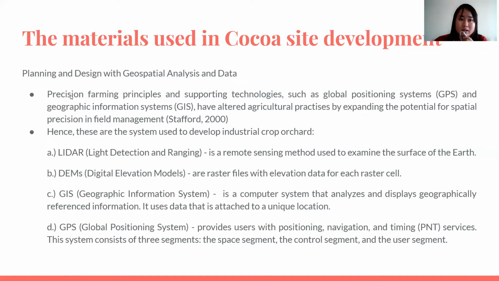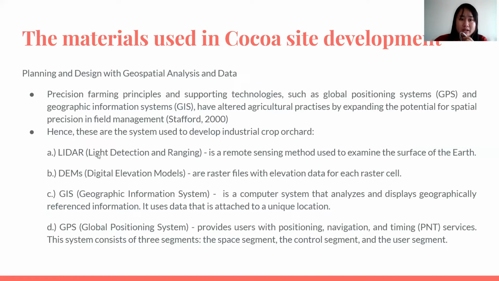Precision farming principles and supporting technologies such as global positioning systems (GPS) and geographic information systems (GIS) have altered agriculture practices by expanding the potential for spatial precision in field management, stated by Stafford in 2000. Hence, these are the systems used to develop industrial crop orchards.